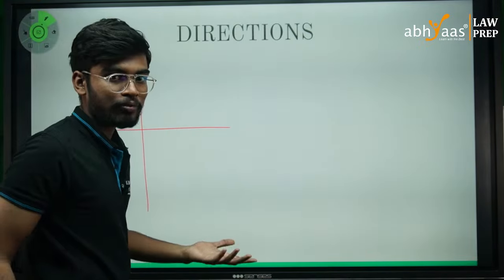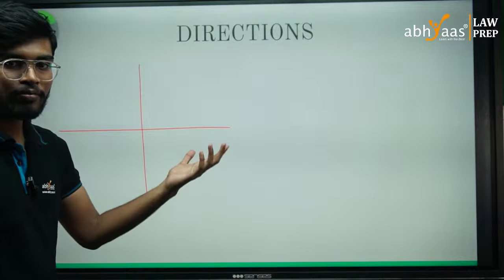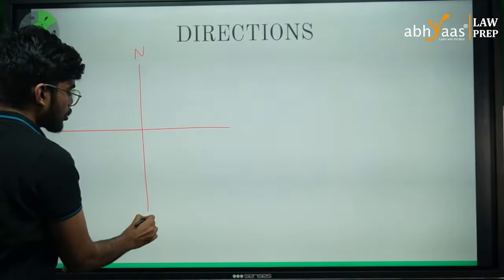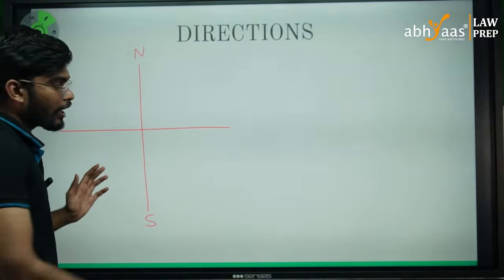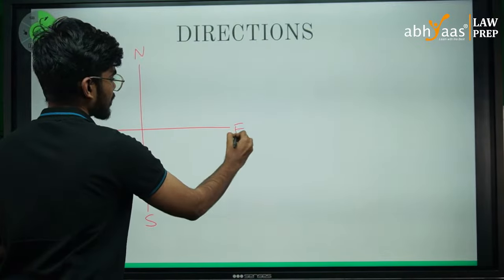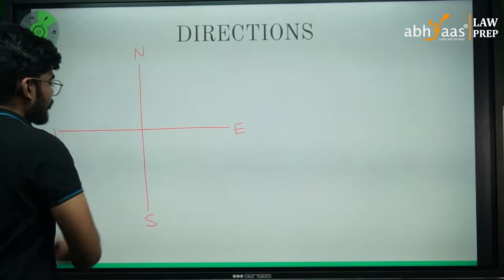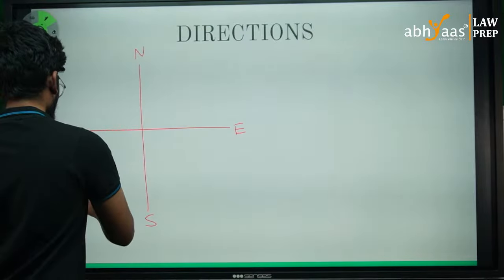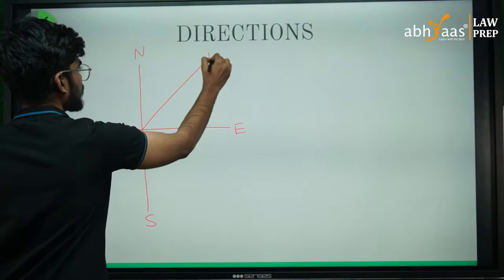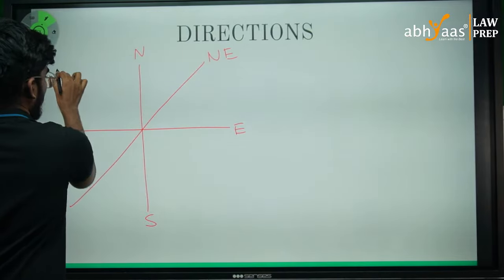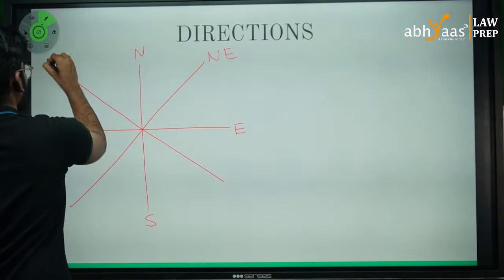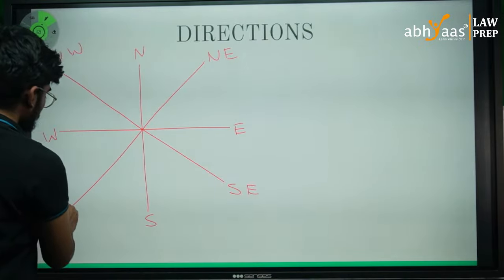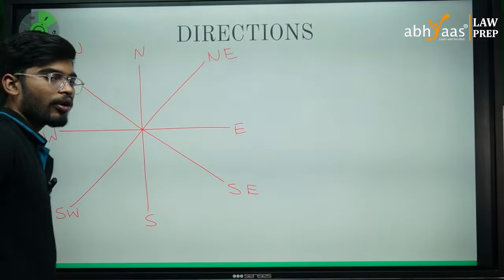While noting on a rough sheet, the top will be north, opposite is south, your right will be east, and your left will be west. In the corners are northeast, northwest, southeast, and southwest. These are the important directions.